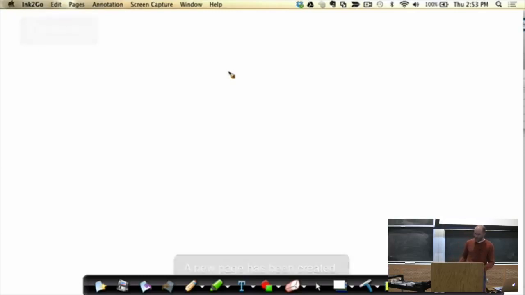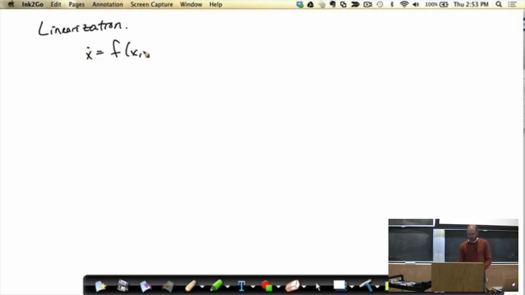So let's just talk a little bit about what it means to linearize and to what extent it's going to capture the nonlinear dynamics, right? So, linearization. All right, so the start here is that we've got some nonlinear dynamical system, f of x, u, right?